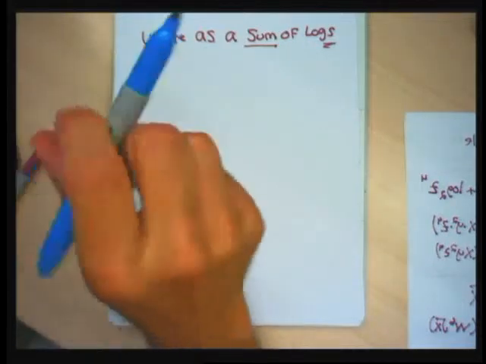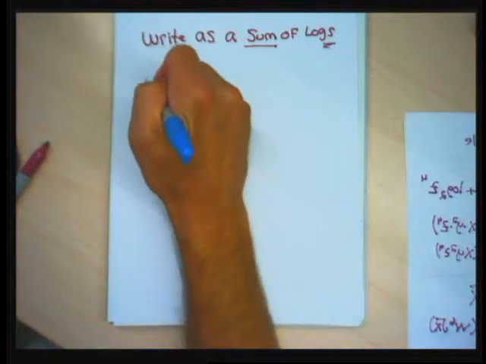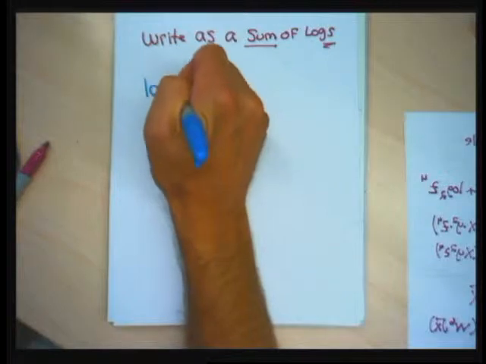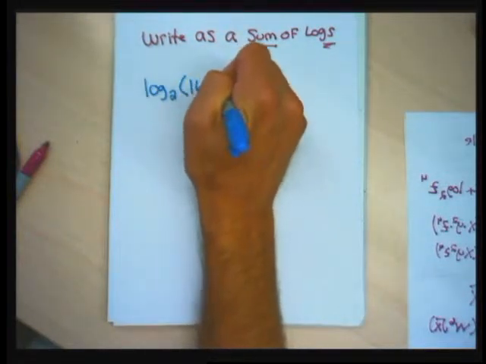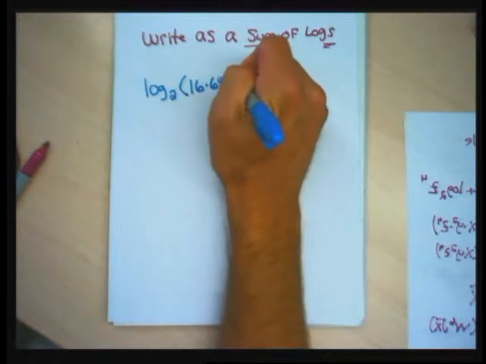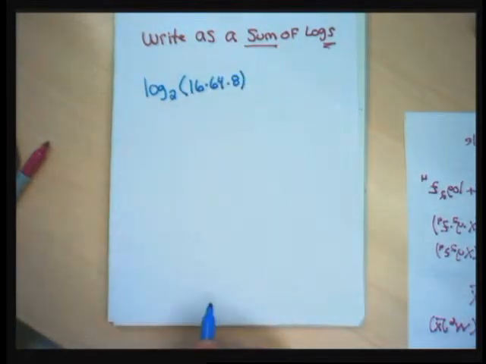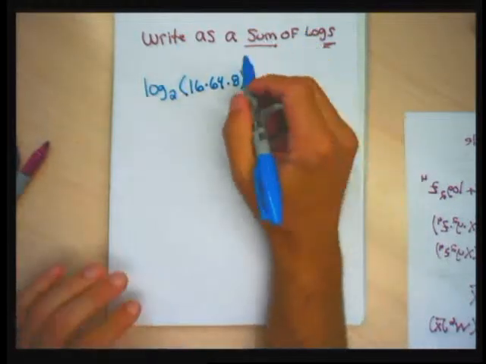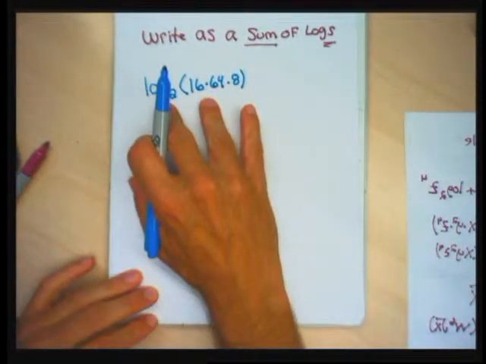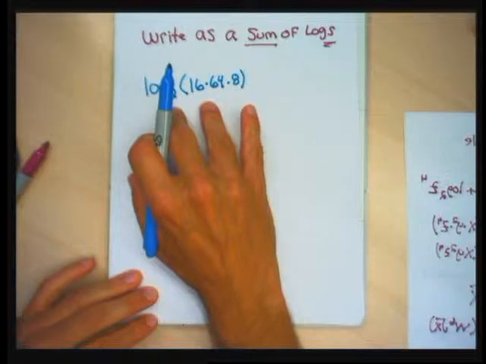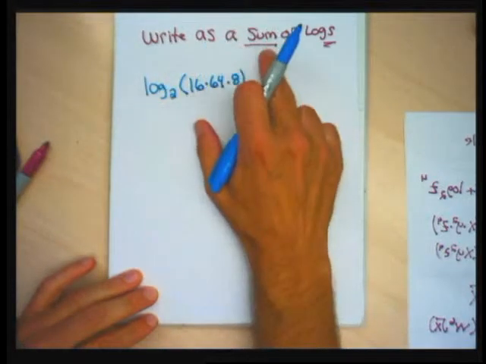And let me do a problem I could check on my calculator. So let's do the log base 2 of 16 times 64 times 8. If this was a problem in the text and the instructions said write as a sum of logs, that implies I want to expand this to more than one logarithm. I have one logarithm and I want to write something equal to it that is a sum of logarithms.